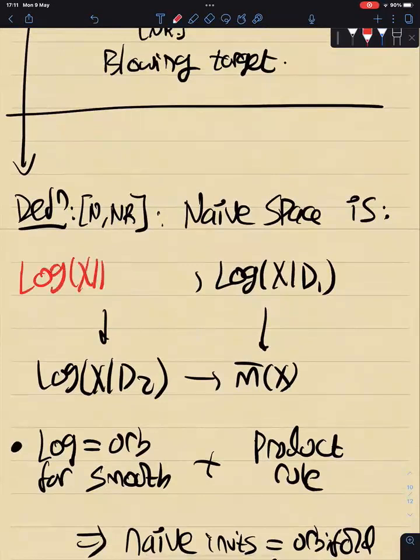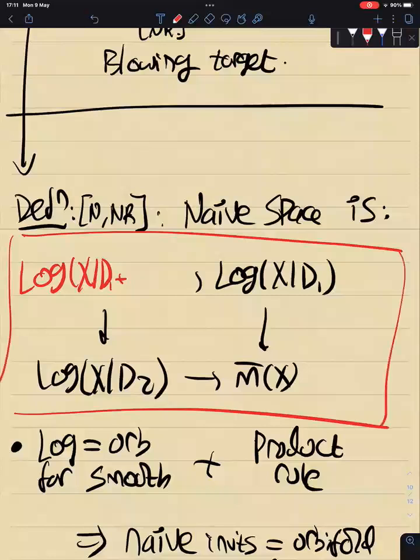So this is not a definition of the naive space anymore. I'm just using the diagram again. So you can consider this diagram, and this diagram does exist, and it's Cartesian, but it's only Cartesian in the category of FS log schemes, which comes down to blowing up.